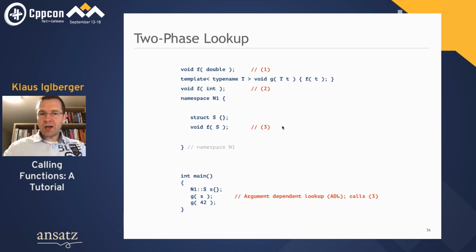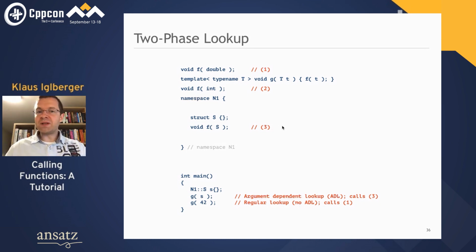Because this works so well, many people would expect that the next call, g of 42, will call function 2. But it doesn't. Or let me say it shouldn't. Some compilers actually did this wrong some years ago. Now hopefully everything's fixed. This should call function 1. This is a fundamental type, and so all the rules for fundamental types apply.